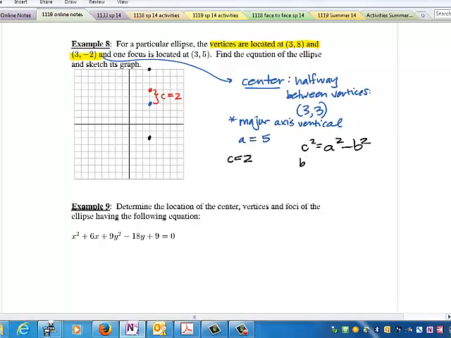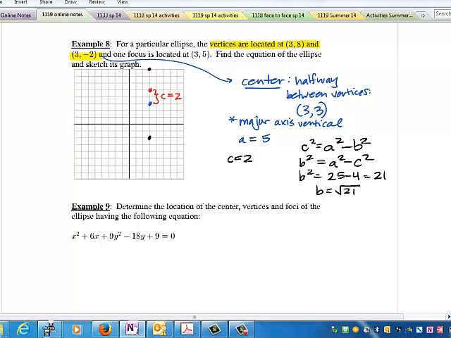So B squared, if we rearrange that, would be A squared minus C squared, which in this case is 25 minus 4, so 21. So B would be the square root of 21. We're looking for the equation and the graph.